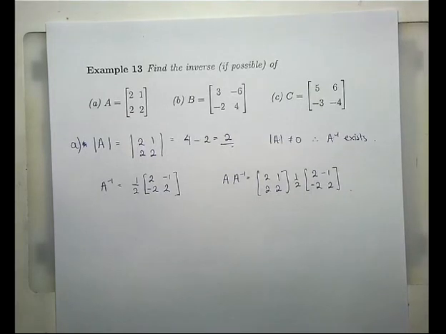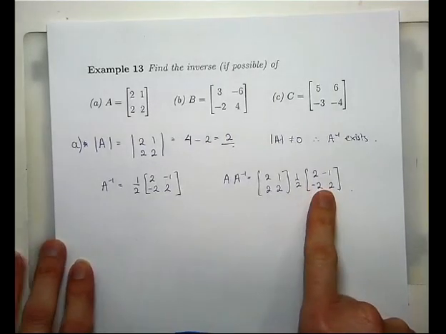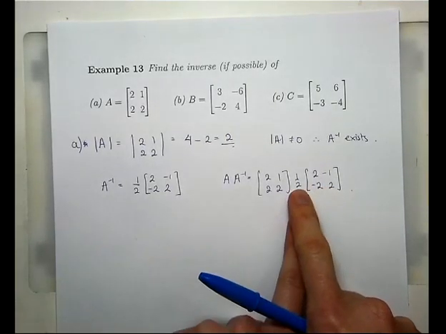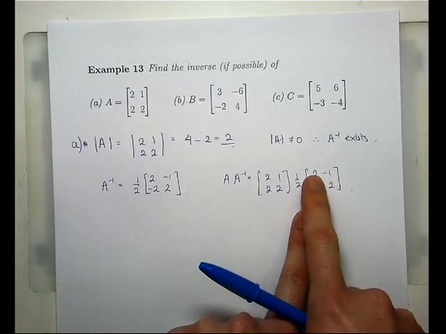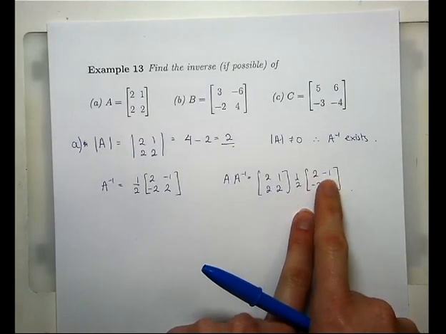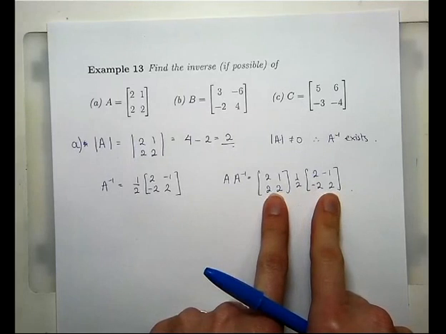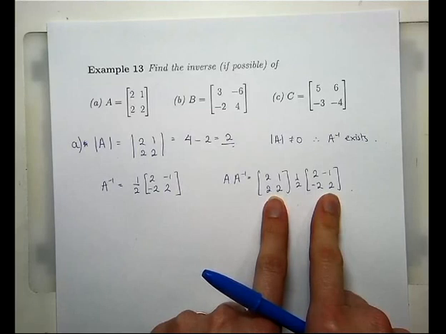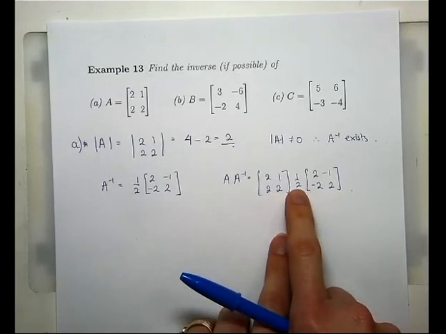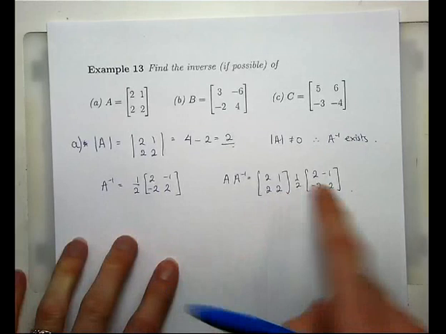Here's a trick to make your life a little bit easier. This 1/2 here is multiplying by this fraction. If I want to, I could multiply this number into the middle and I'd get 1, minus 1/2, minus 1 and 1, and then I'd have to multiply these two matrices together and deal with fractions. If you love fractions, you can do that. If you don't, it doesn't matter when you multiply the 1/2, you can do it right at the end.